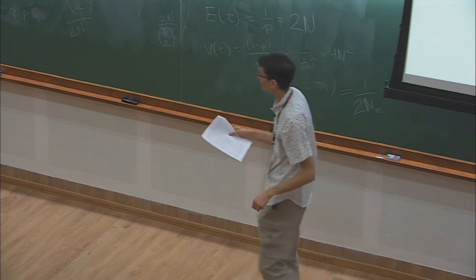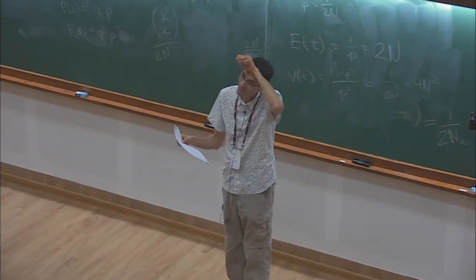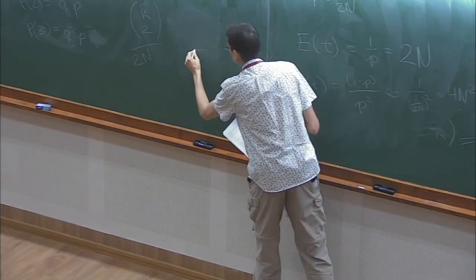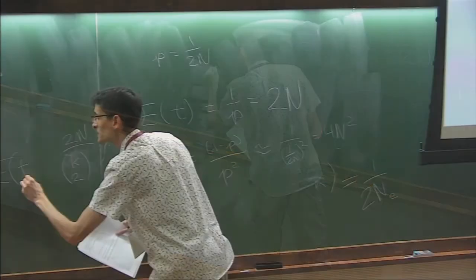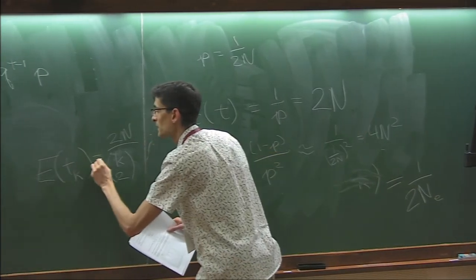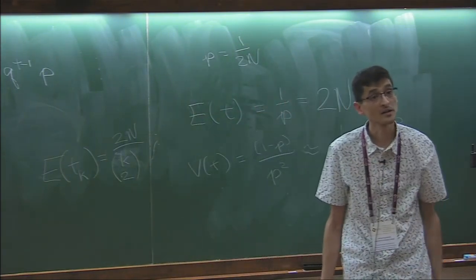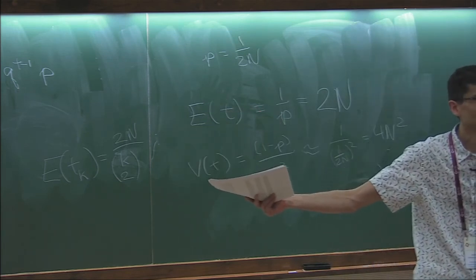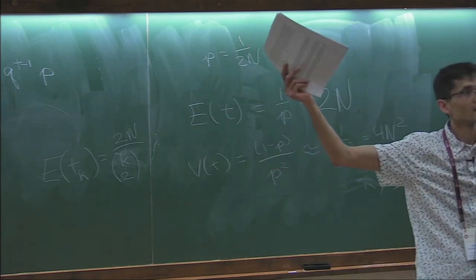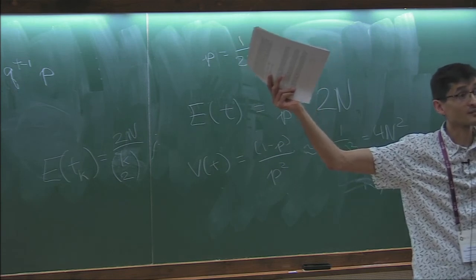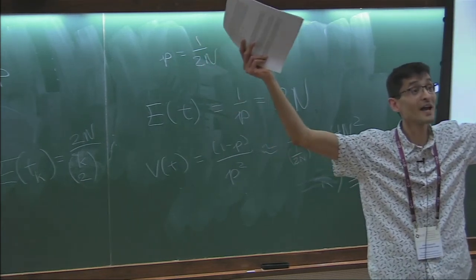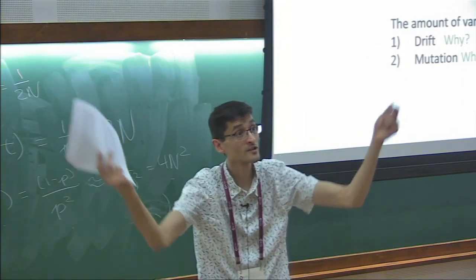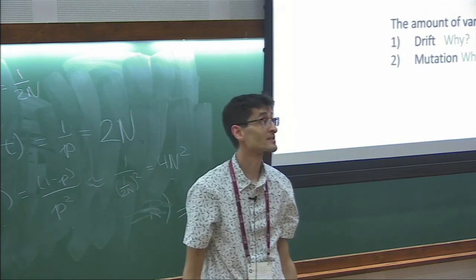So let's think about, so this is the expected, what I'll call T_k, the expected time to go from k to k minus 1 alleles. Well, let's think about all the alleles in the population. So imagine our sample, k, is 2n. We sample all the alleles, and we want to know what's the total time for all these things to coalesce to a common ancestor.